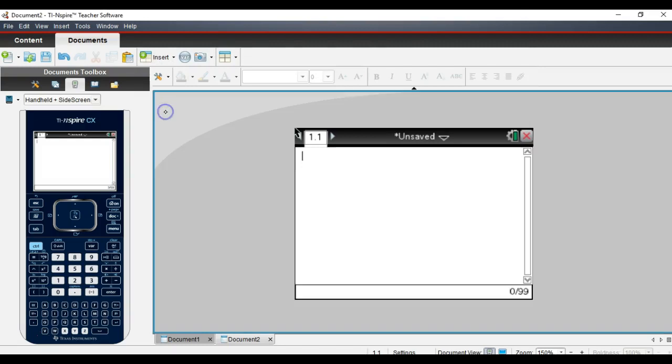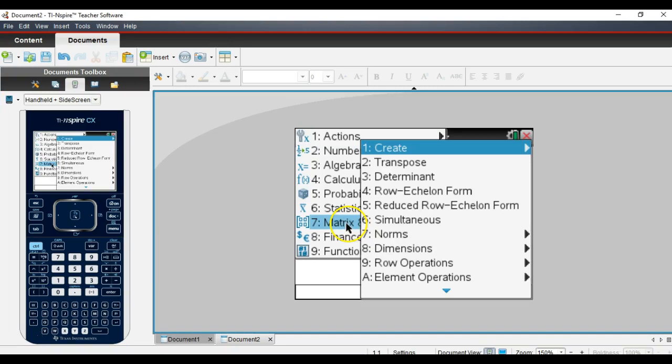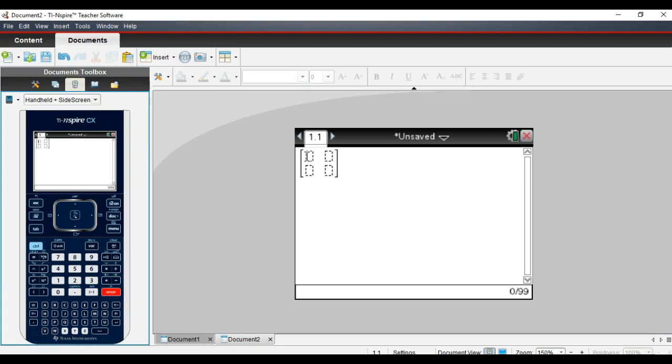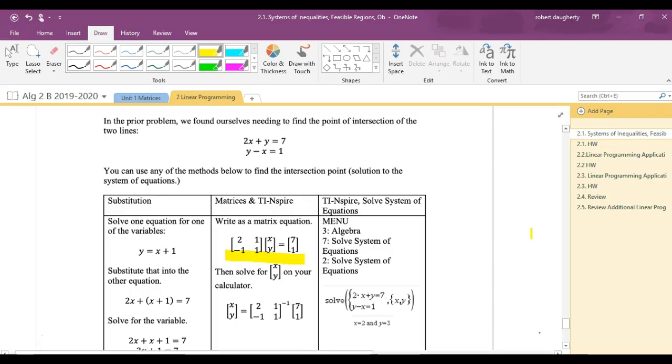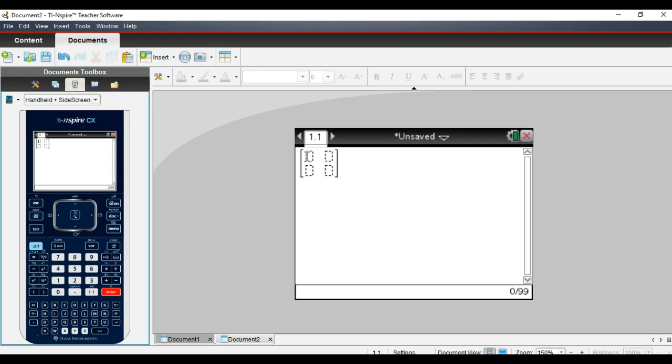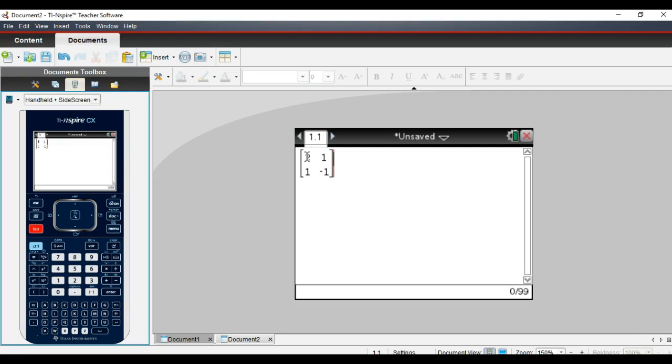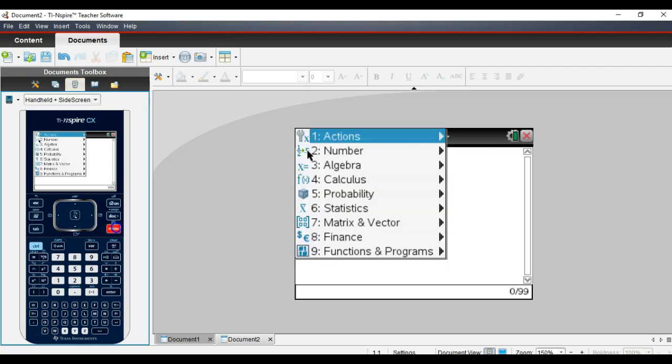To solve that, I need the inverse of that 2 by 2 matrix multiplied by another matrix.